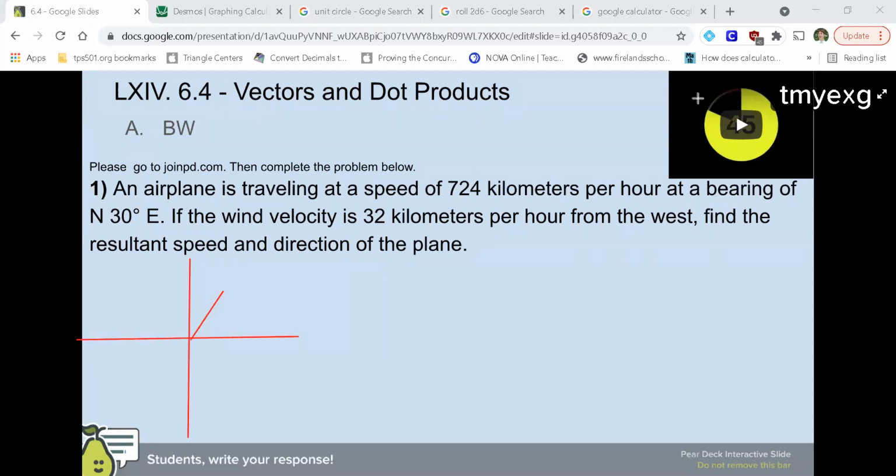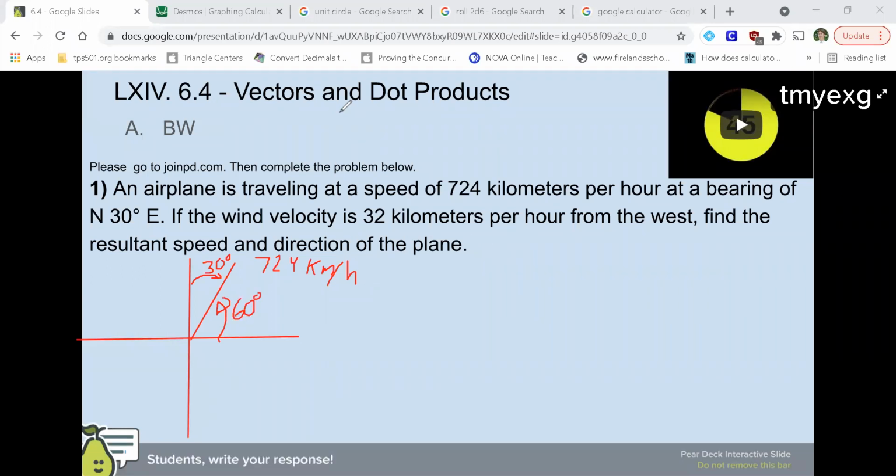So if our plane is traveling about here, 724 kilometers per hour, and this is 30 degrees, what is the actual angle for that plane going to be? Yeah, we really need to use this angle, 60 degrees.